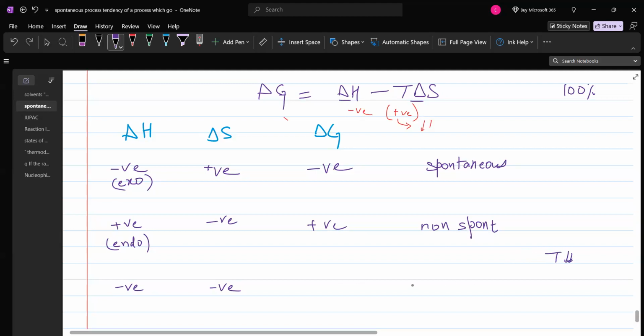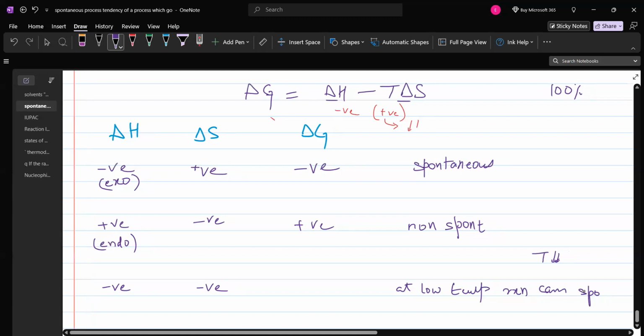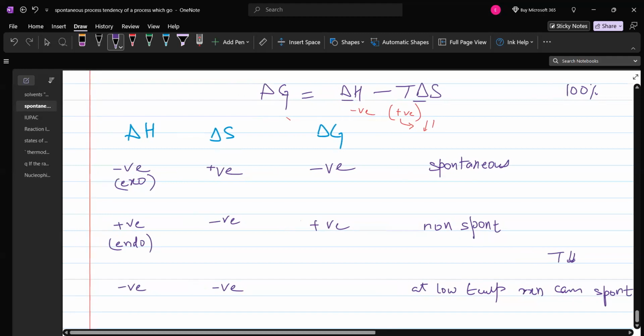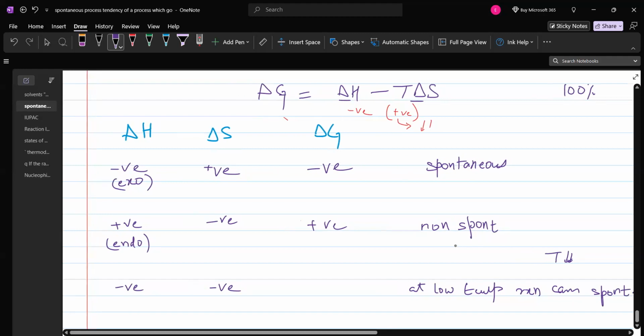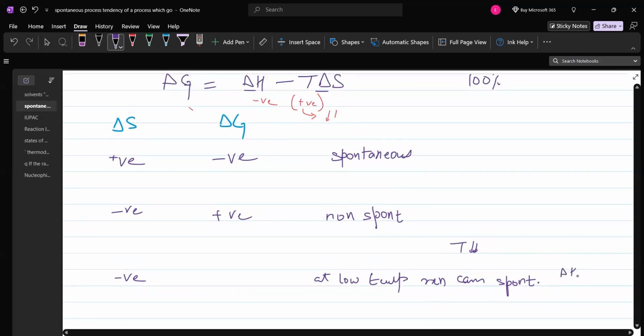So at low temperature, the reaction can be spontaneous, right? At low temperature, the reaction can be spontaneous when delta H is greater than T delta S.